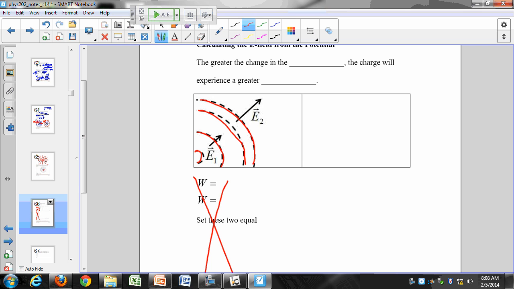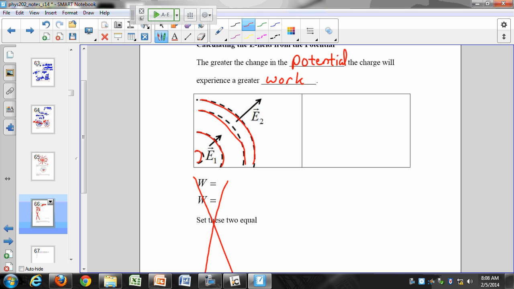And notice how they're spaced differently. So the greater the change in the potential, the charge will experience a greater amount of work.